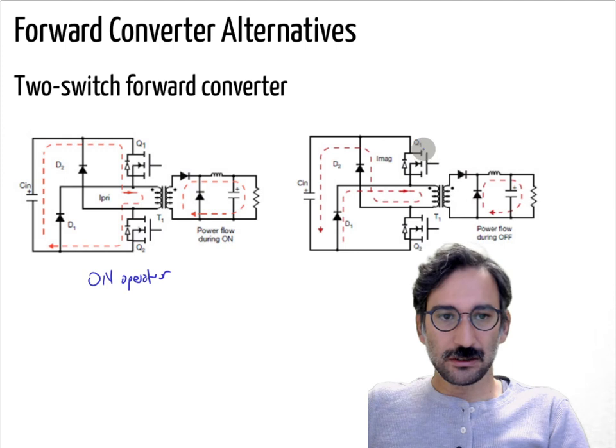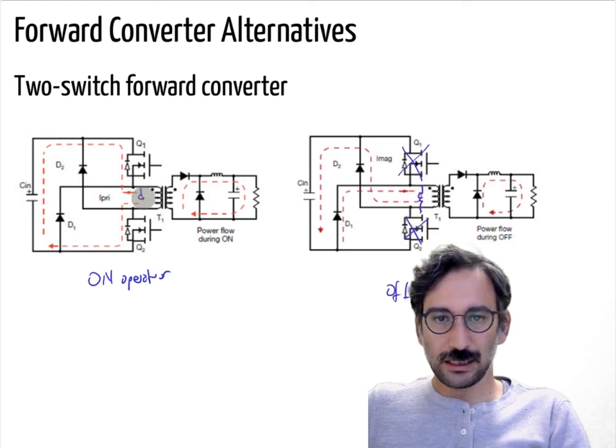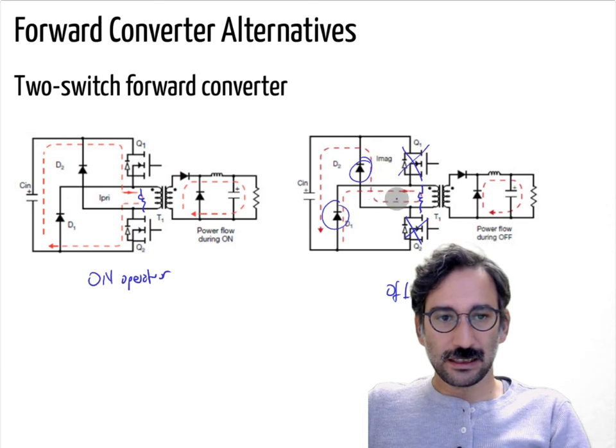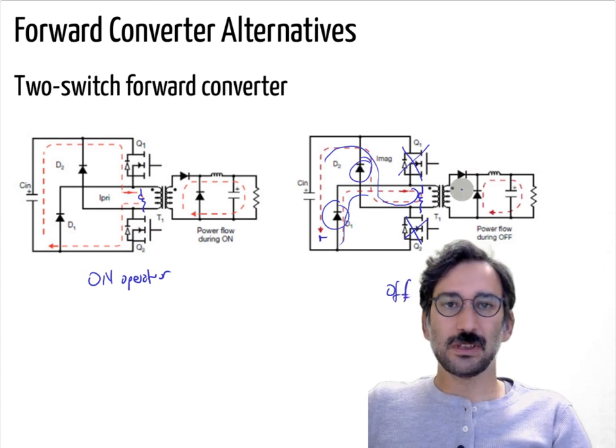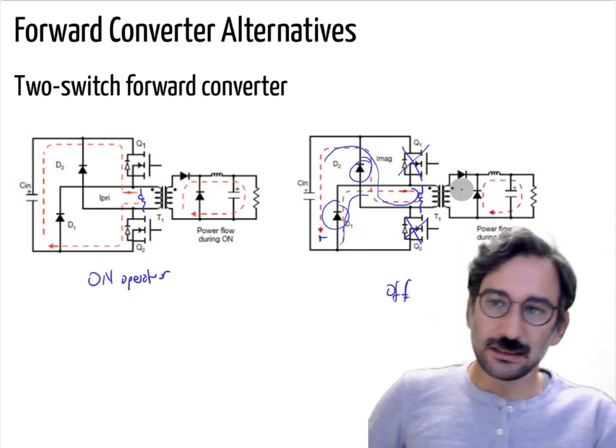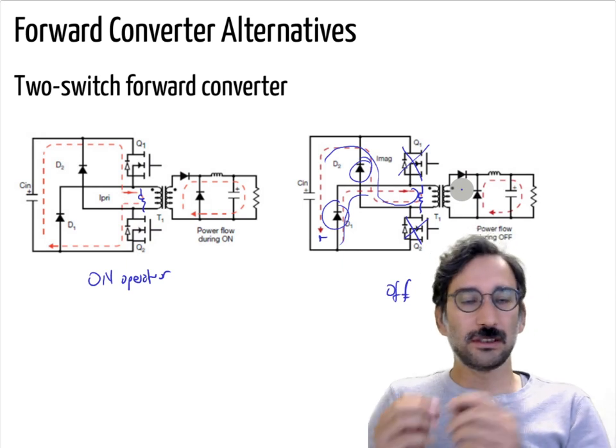But whenever they are off, you are disconnecting that one, and you have the LM here, the same, but now because of these two diodes, and that one is totally disconnected, that LM energy can now be sent back to the source. So again, efficiency wise, it is really similar to the one with the third winding.